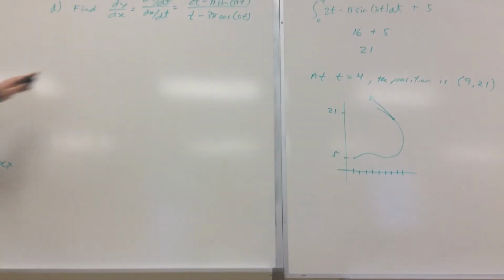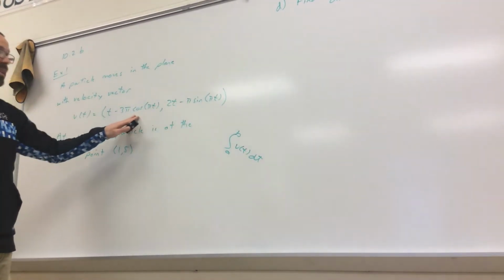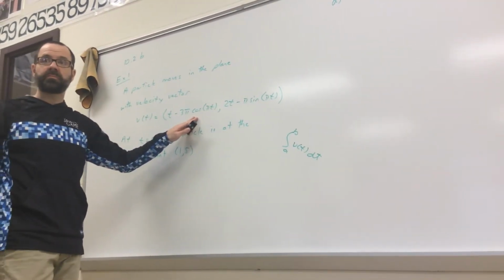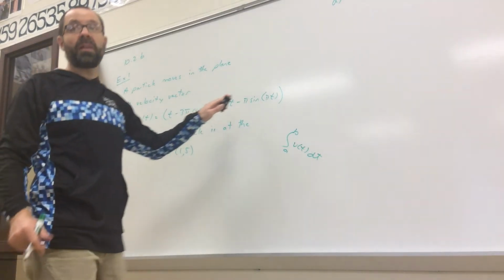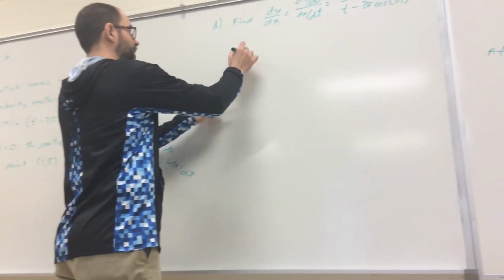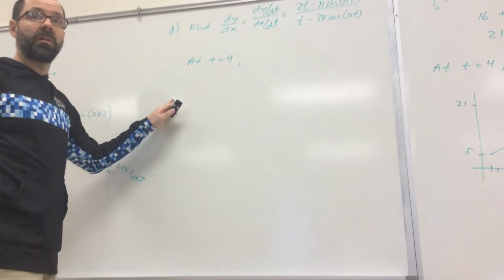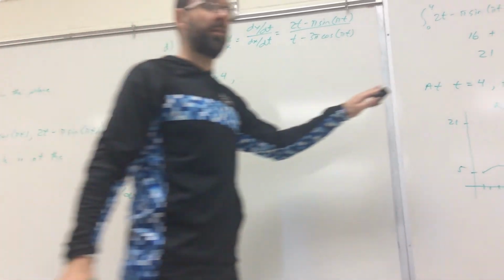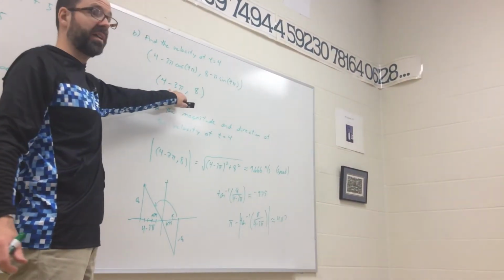Just make sure you get the y component on top and the x component on the bottom. And then at t equals 4, we've already done it. It's 8 over 4 minus 3 pi.